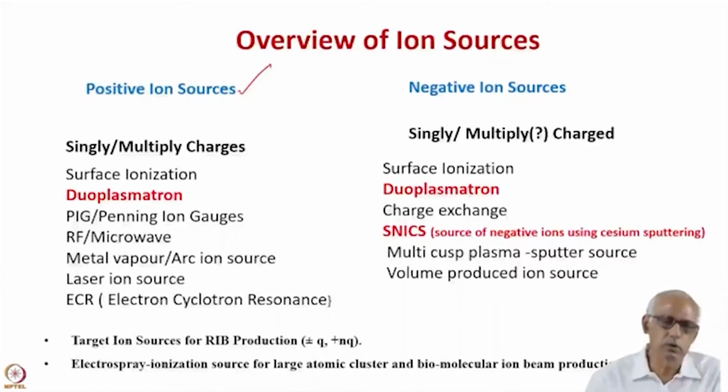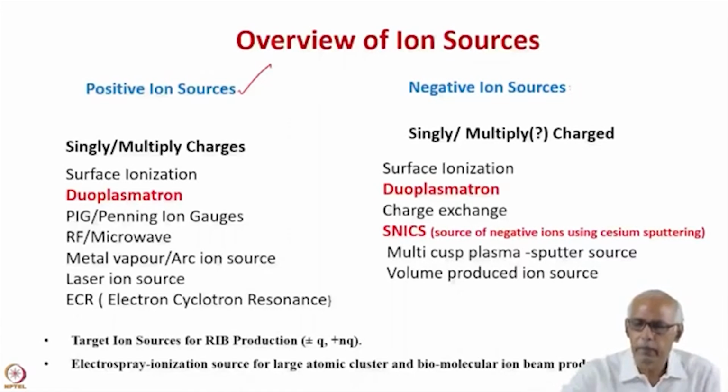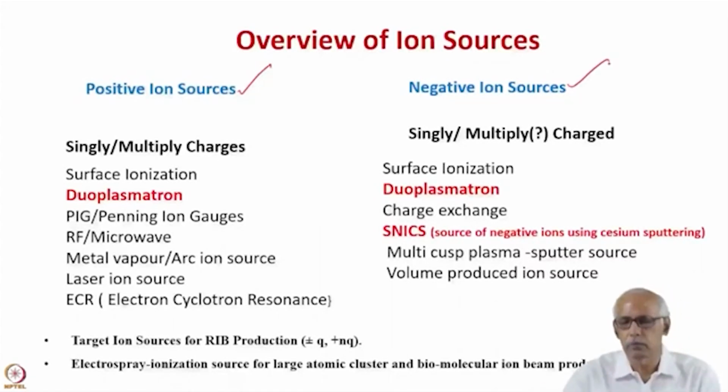We can also use negative ions there if the terminal is raised to the negative voltage. Or you can have pelletron and tandem kind of things where negative ions are injected. So what are the various techniques and what kind of ion sources are very famous for these two things?